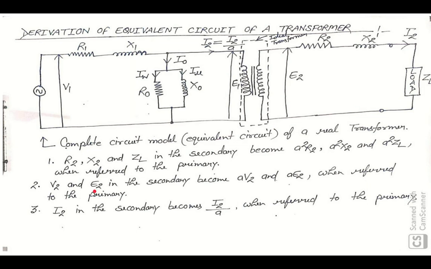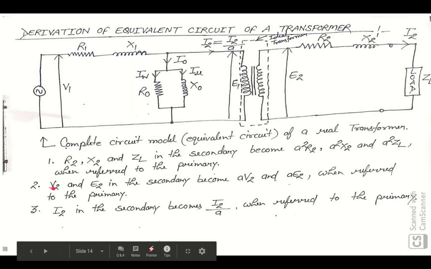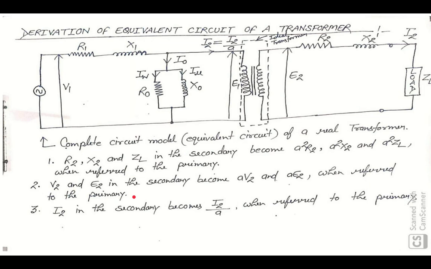Similarly, in the second point we are saying all voltages are reflected from the secondary to the primary directly as the product of the transformation ratio. Means V2 and E2 in the secondary become AV2 and AE2 when referred to the primary.